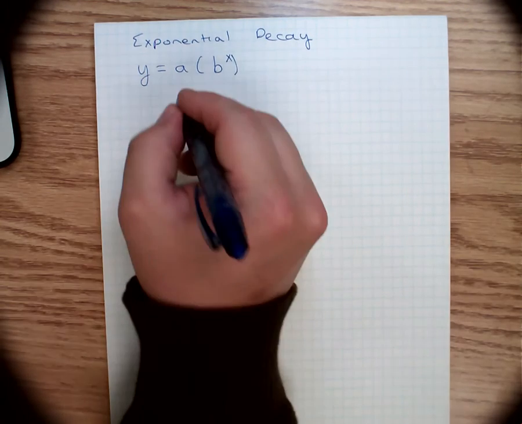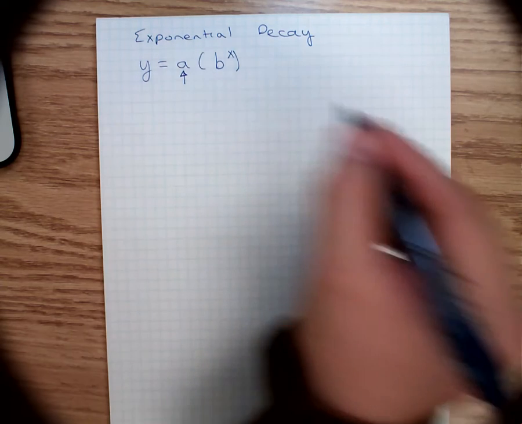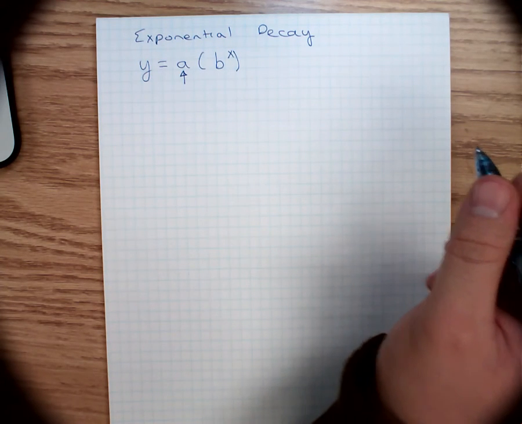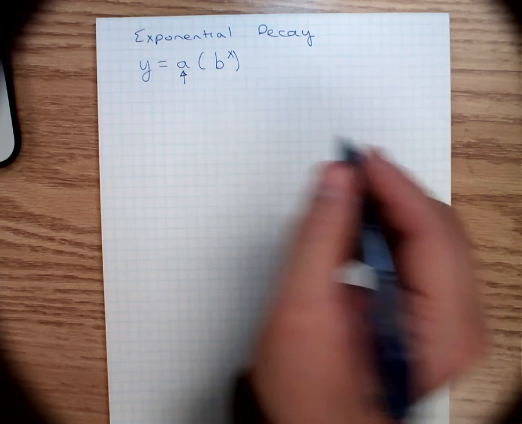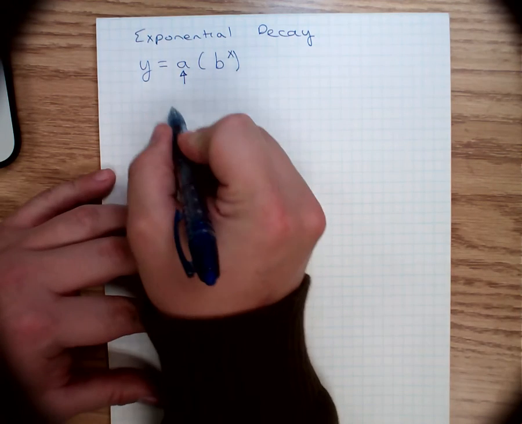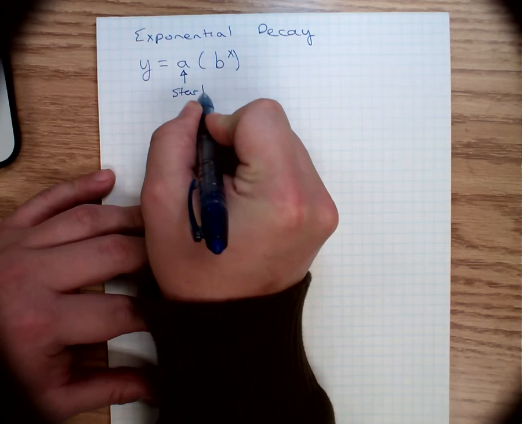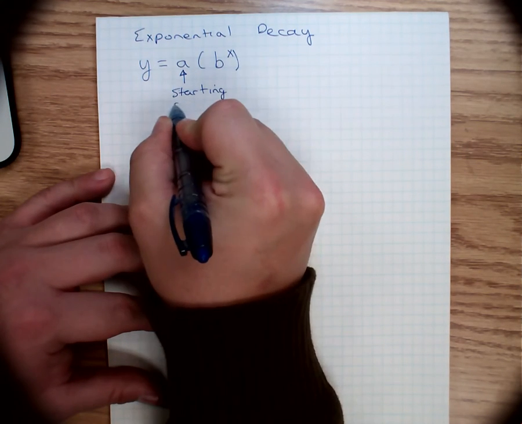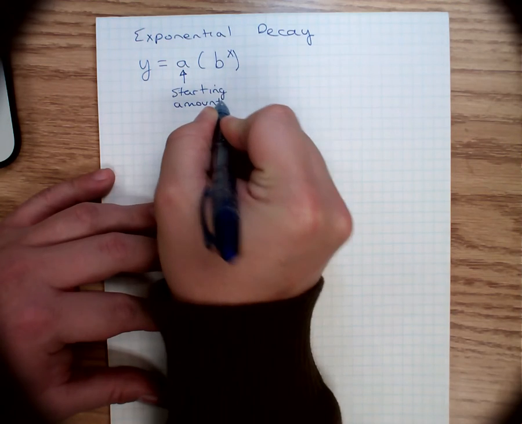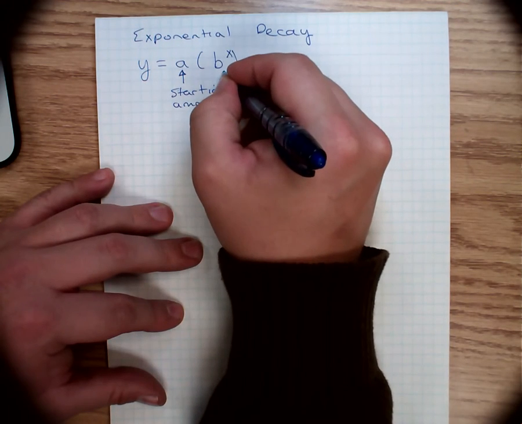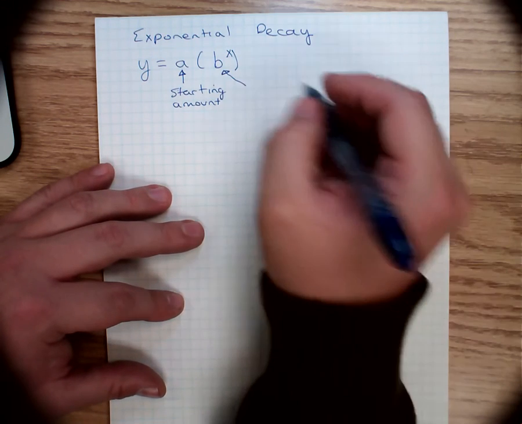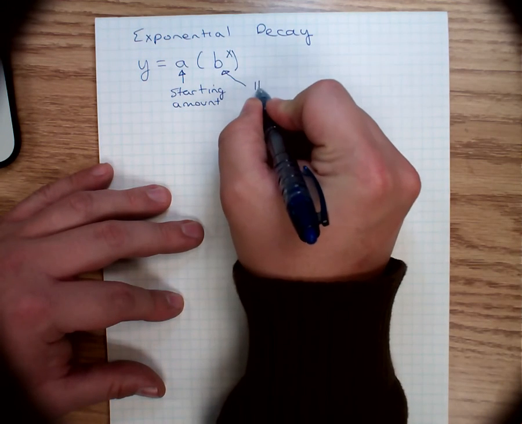Yes, so A represents what? The starting amount. B represents what? The number we change by, the number we multiply by.